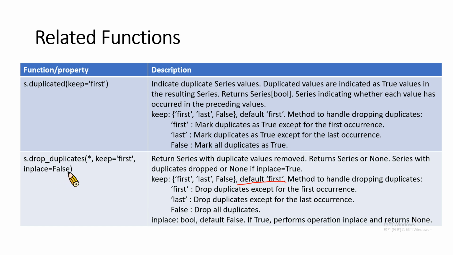So it means that if you call drop_duplicates without setting any parameters, it will not delete the values in the original series. It will generate a new object as the result, and the original series will still be the same.